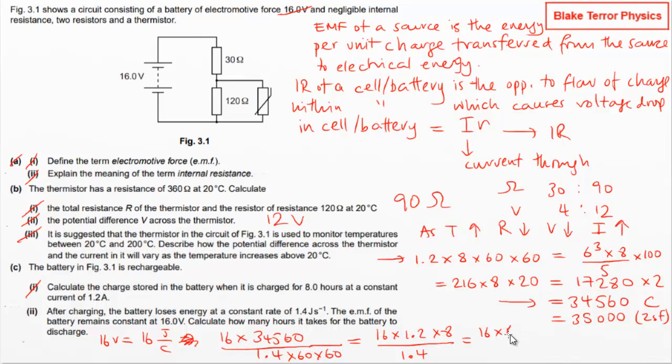So that's going to be 6 times 8 divided by 7. We've got to multiply all these things. That's 96 times 8 is 768 divided by 7. So that's 109 5/7 of an hour, which is 110 hours, again, to two significant figures.